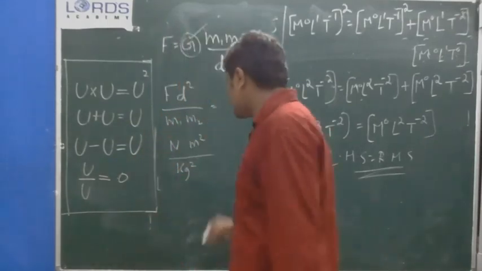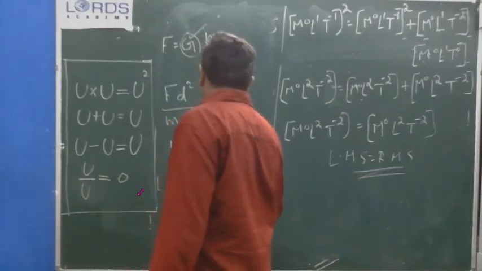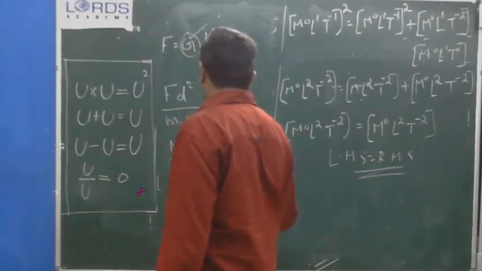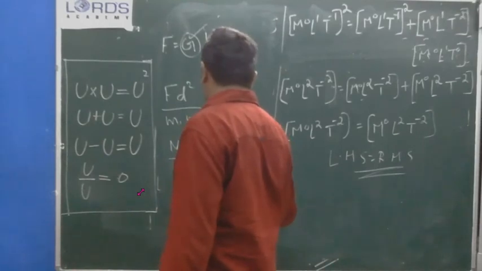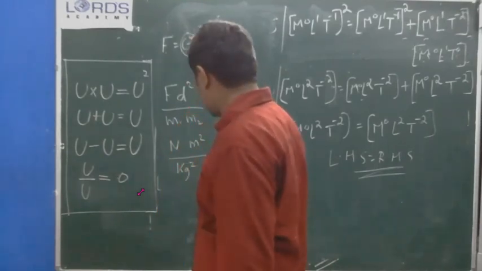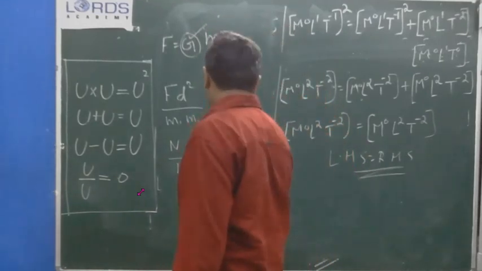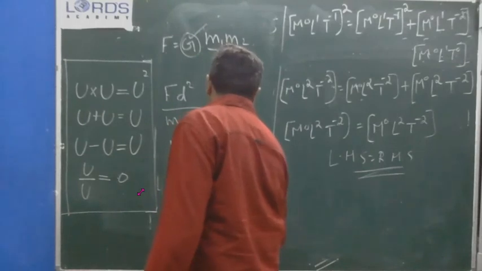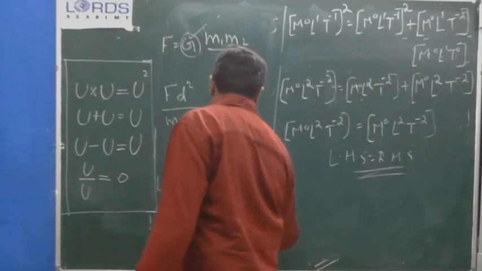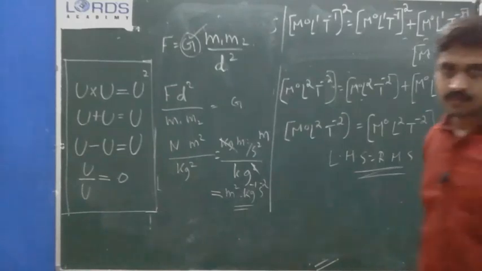If you split the Newton as kilogram meter per second square, then kilogram cancels. So we get meter cubed, kilogram inverse, second raised to minus 2. Like that, a unit is there for G.